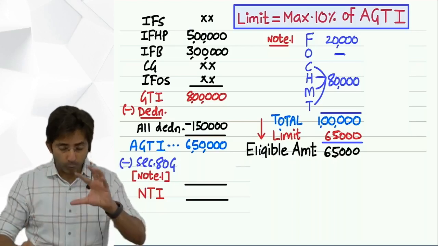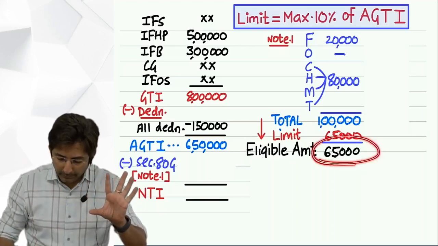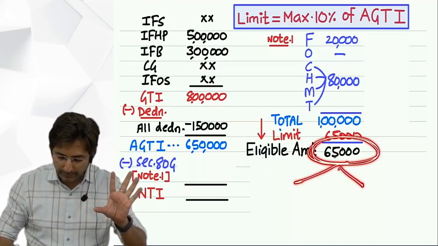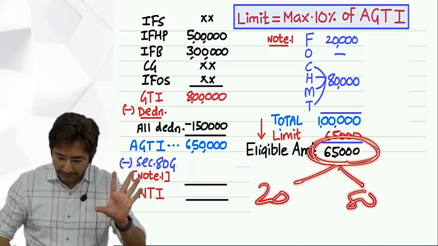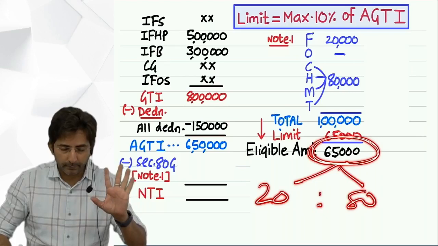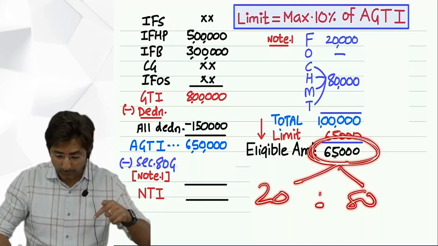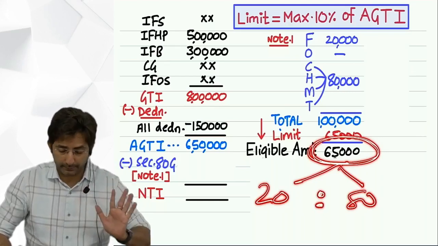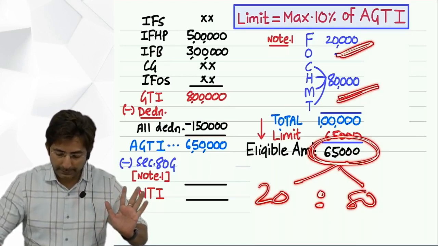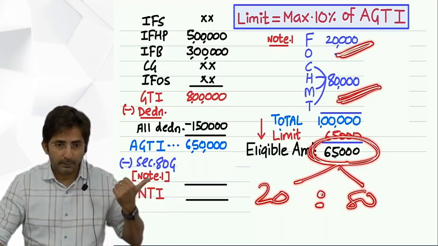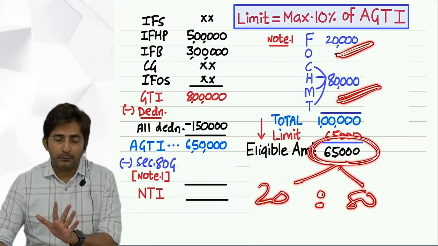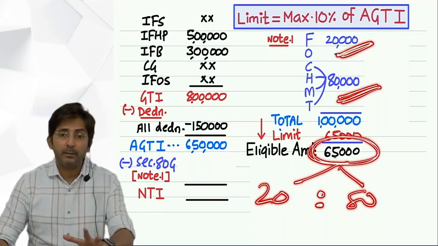No ratio. Students will think you can divide that 65,000 in the 20-80 ratio. Wait. Respect this point because this is the usual thing a student will think. The ratio is 20,000 and 80,000, but don't do it in ratio. You should do it in such a way that you get the maximum deduction.